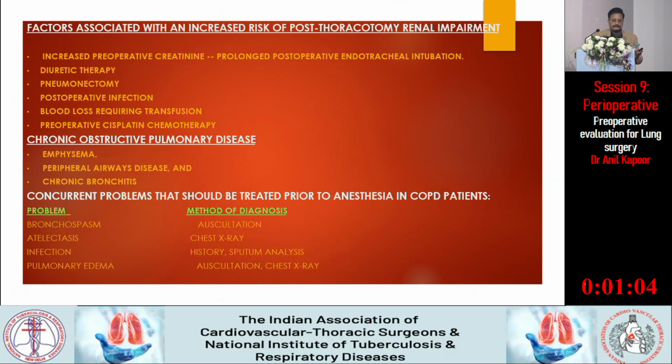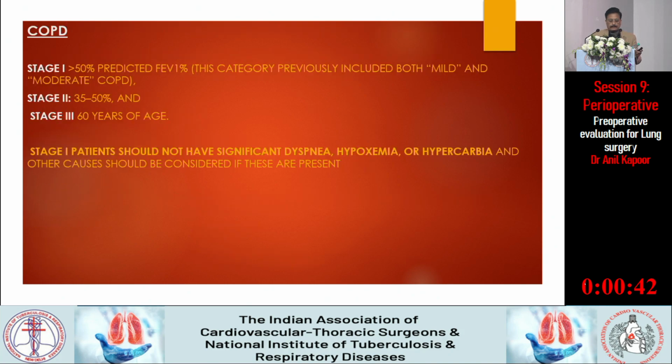There are some factors which are associated with increased post-operative renal impairment, like increased preoperative creatinine, diuretic therapy, pneumonectomy patients, post-operative infections, blood loss during surgery, and pre-operative cisplatin chemotherapy, which has renal impairment.